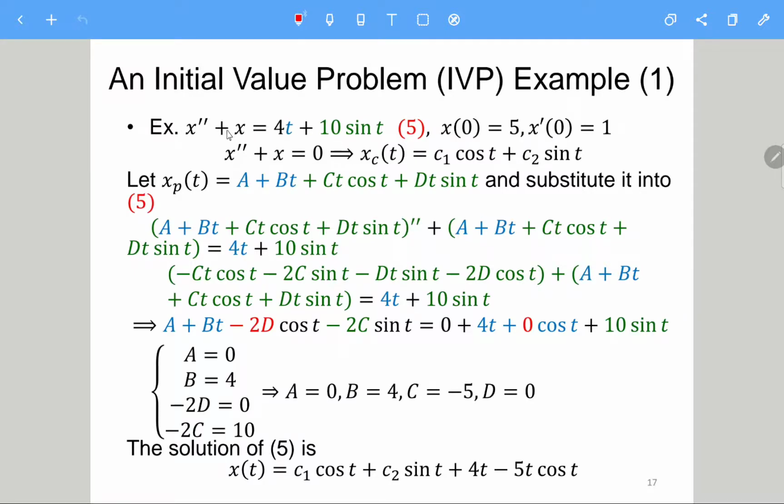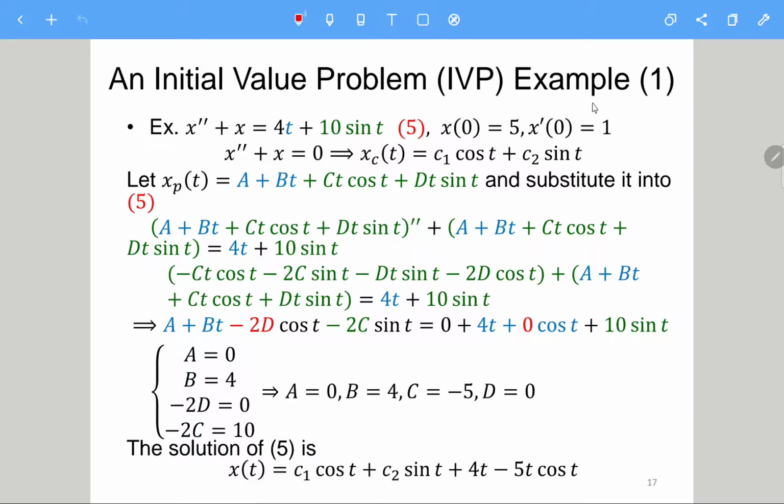As long as we have an equation like x double prime plus x equals 4t plus 10 sine t, it consists of a second order ODE, and on the right side, this is a first order polynomial. This is a sinusoidal function.